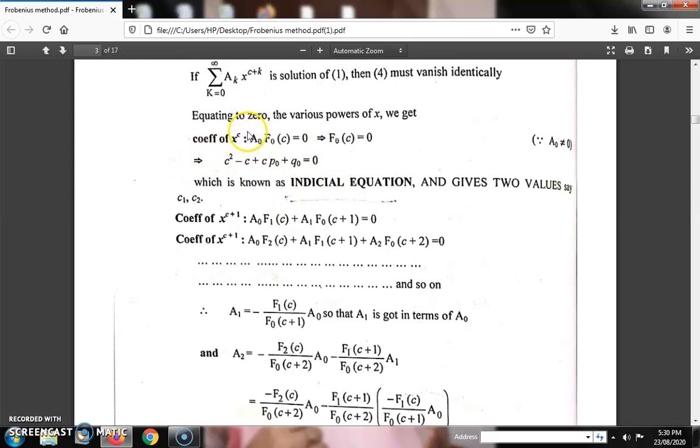Firstly, you have to compare the least power coefficient. If x raised to power c minus 1 is the least, then you have to compare that coefficient. That will be the indicial equation. Here the coefficient of x raised to power c is the least, so it is called the indicial equation. It will give two values for c, that is c1 and c2. After that you have to compare the other coefficients, c plus 1, c plus 2 and so on.